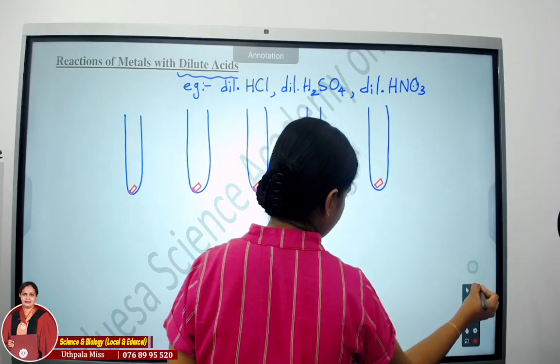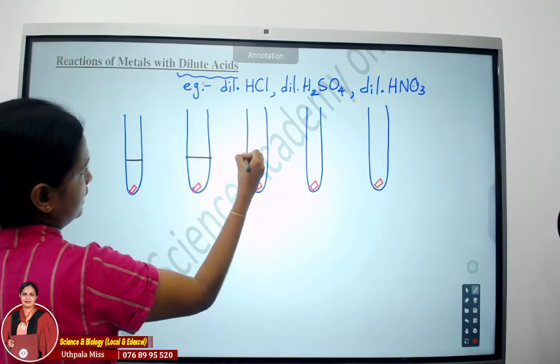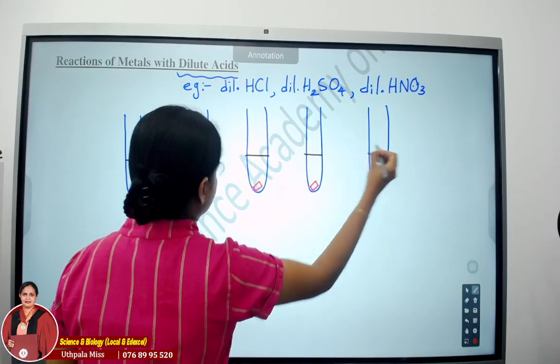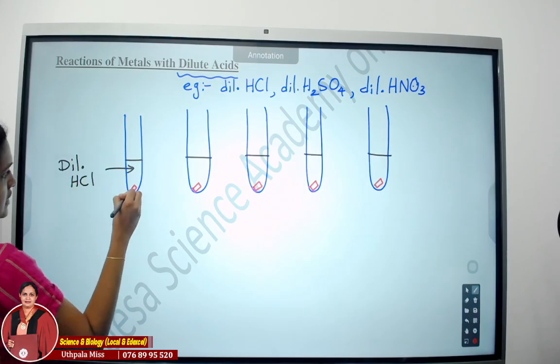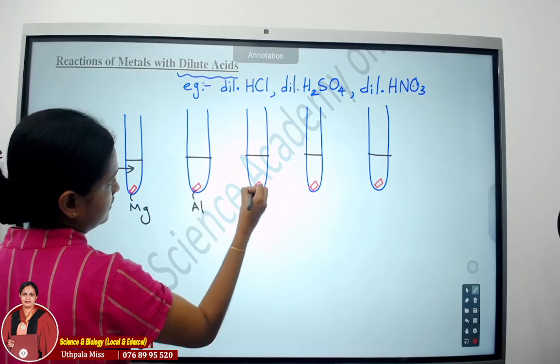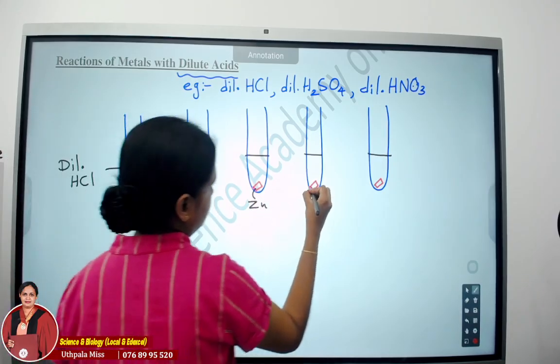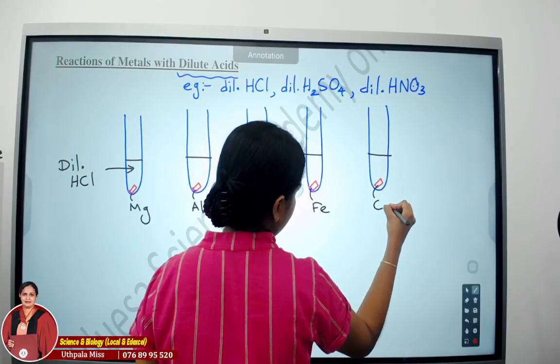Then we put a similar volume of a dilute acid. We'll say dilute hydrochloric acid. So this is magnesium, this is aluminium, this is zinc, and iron, and here we'll say copper.